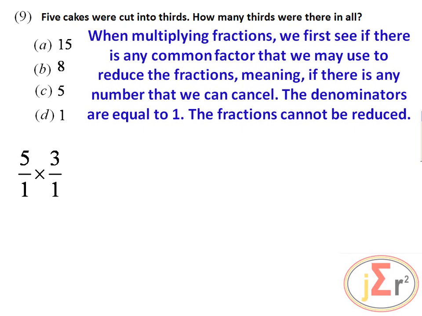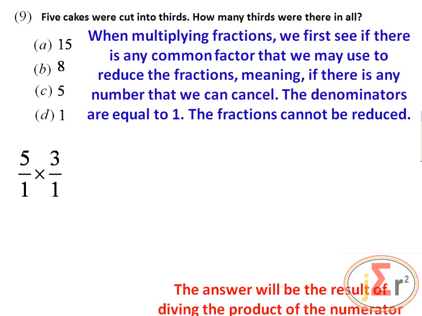The denominators are equal to 1. The fractions cannot be reduced. So if just ones are in the denominator, there is no way to further reduce the fractions. So those fractions cannot be reduced.